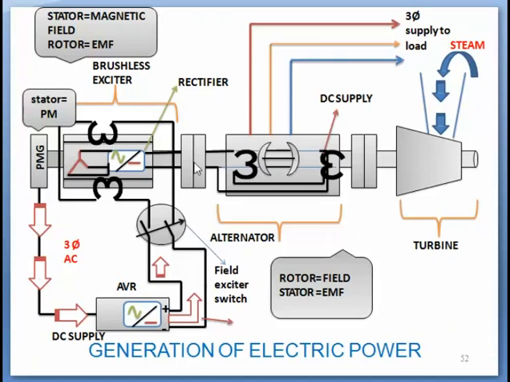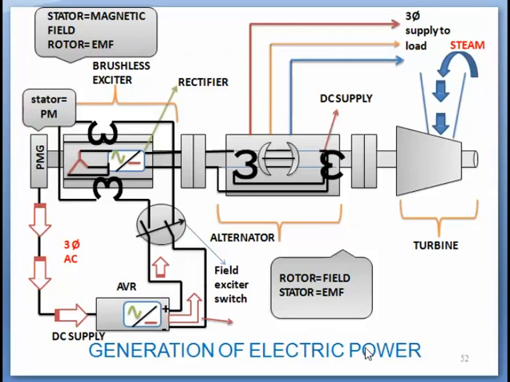The detailing of the generator and how the generator functions, there is a separate class in detail over it. The turbine, which is the prime mover, rotates the shaft, because of which the generator rotates. The speed of the generator depends on the grid frequency.